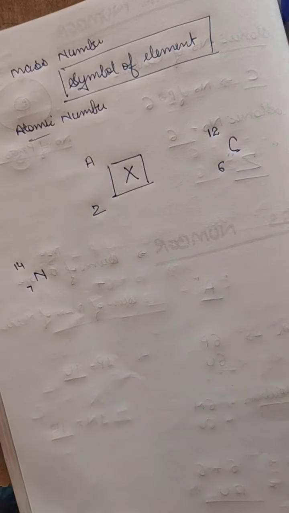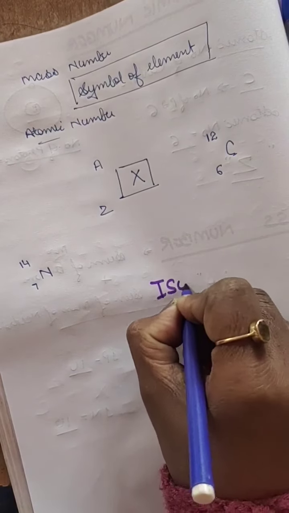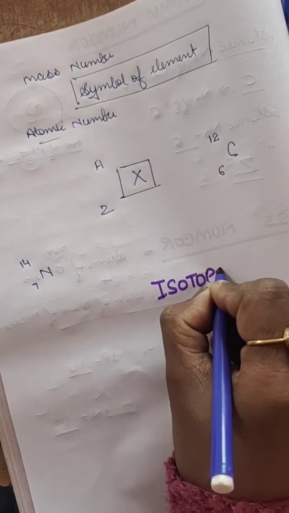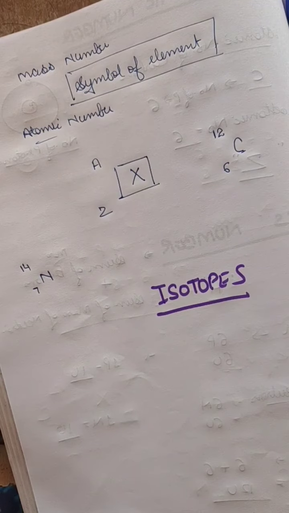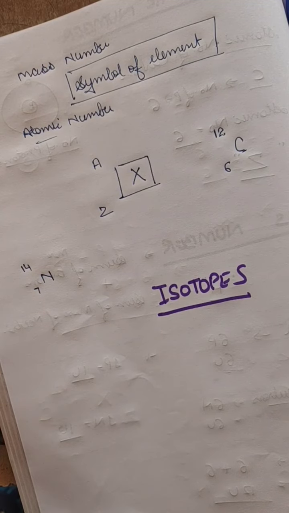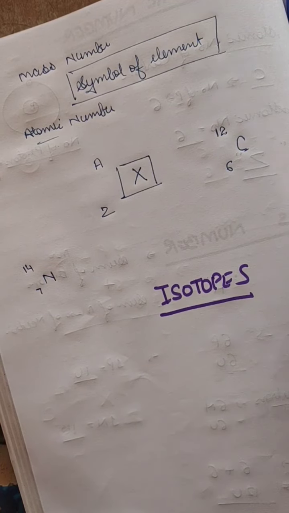Now, coming to the next topic, which is the topic of today, isotopes. Isotopes are the elements which have the same atomic number but different mass number.